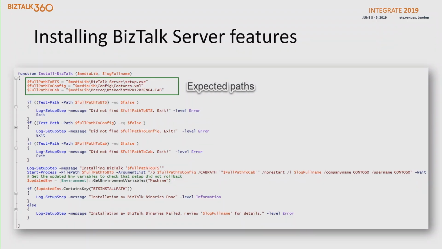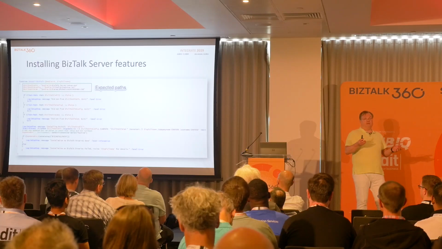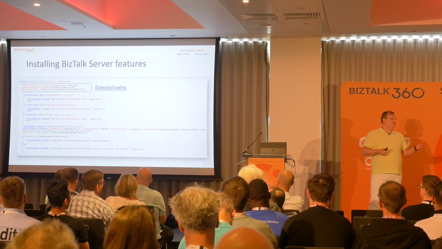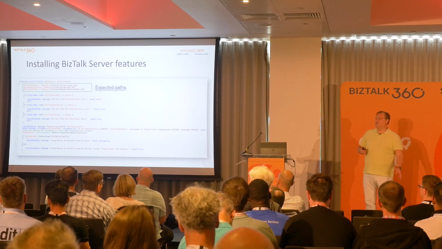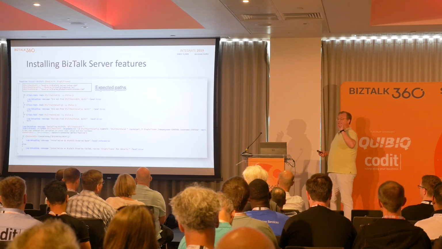Installing the features, it's quite straightforward. It's actually just running setup.exe. You have some paths you actually need. Where is setup? The cab file, you should generally download. It depends a little bit if you have internet access from the servers or not. I generally download it and have it together.